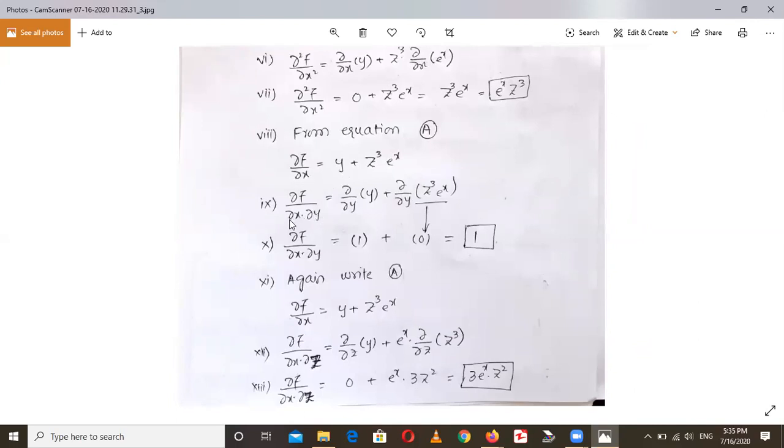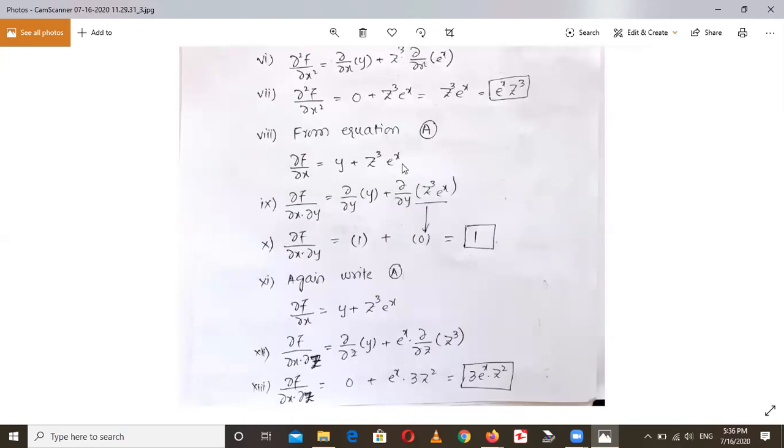If I take the derivative on both sides with respect to y, this is the old term, and I take differentiation with respect to y here, here, and here. So this is y, so I take the differentiation of y plus this is z cube e power x.